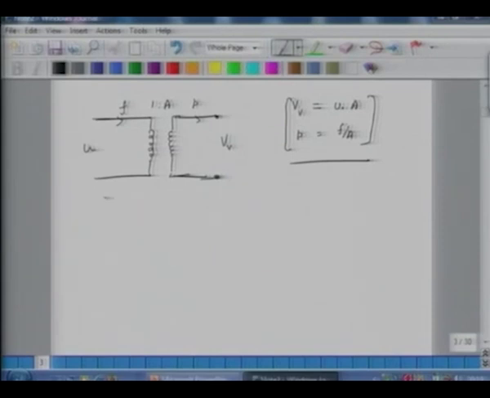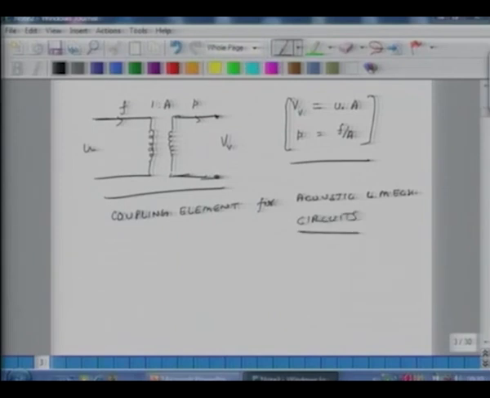So this is my coupling element for acoustic and mechanical circuits, and this particular ratio is valid for mobility equivalence.